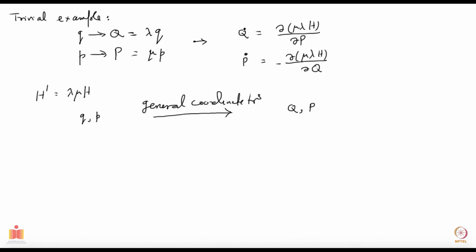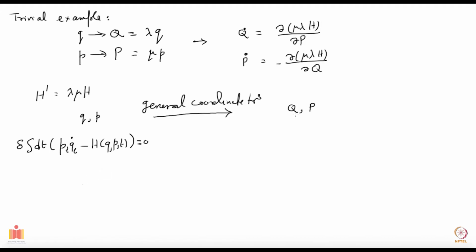If I do so, and if still the equations of motion are in the canonical form, then it means that I can derive equations of motion here, starting from this principle that the action, which is p_i q_i dot, there is a summation implied, minus H(q, p, t). Okay, if I take variation of this integral, this action, then that variation will be 0. Okay, and from there I will get the equations of motion.